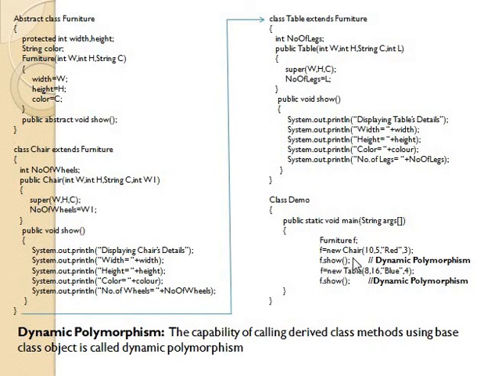So from this program, if the object f from the abstract base class furniture associates with the method show during runtime, then this form of association is known as the late binding or the dynamic binding.